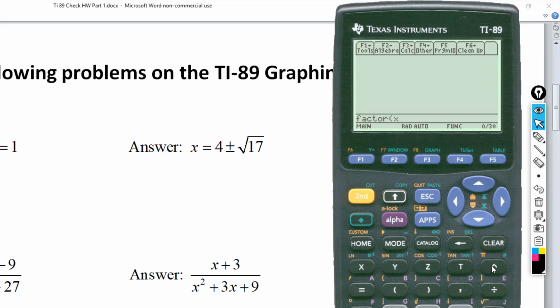to the third power minus 2x to the second minus 15x, and let's see if I close parentheses here.